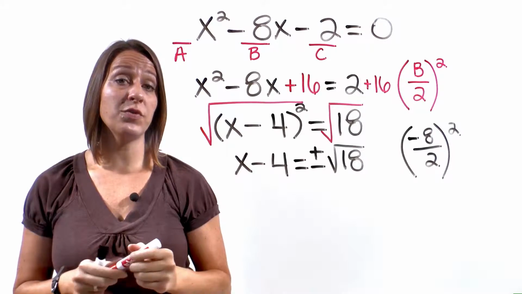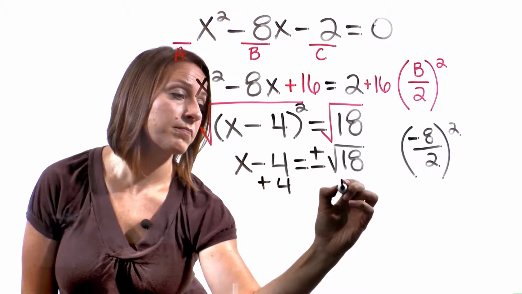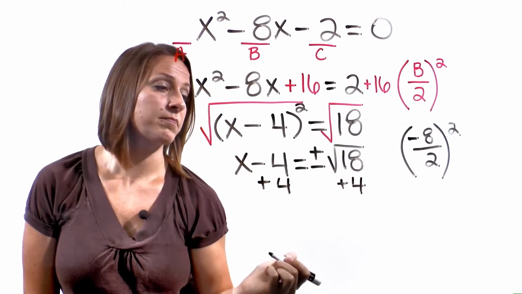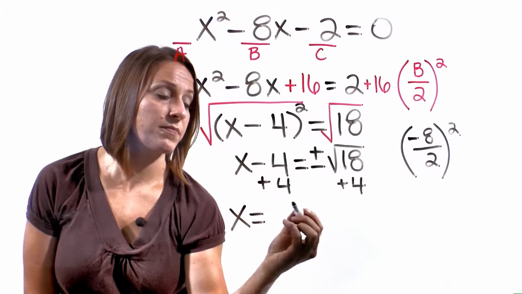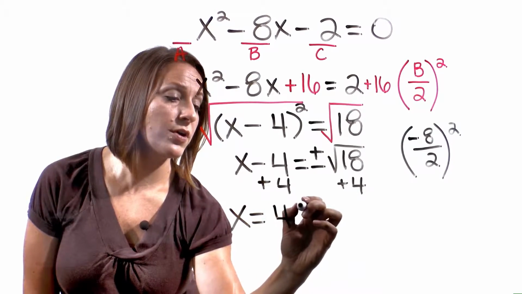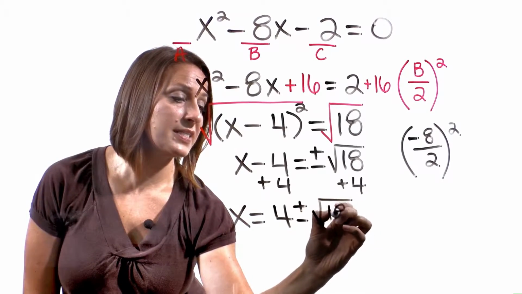Now, we'll add 4 to both sides to get x equals 4 plus or minus the square root of 18.